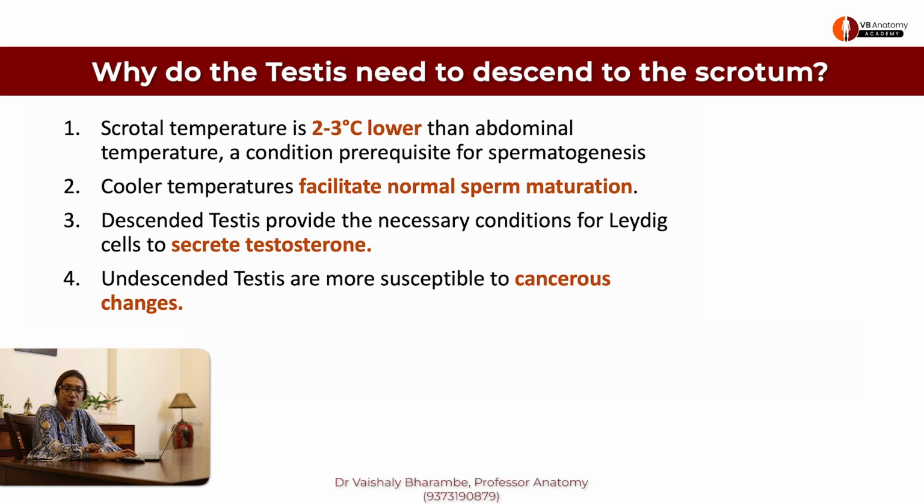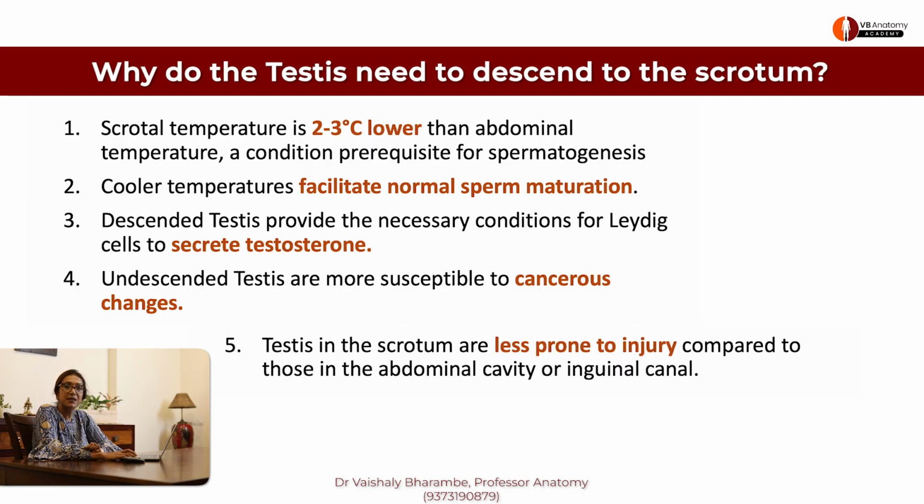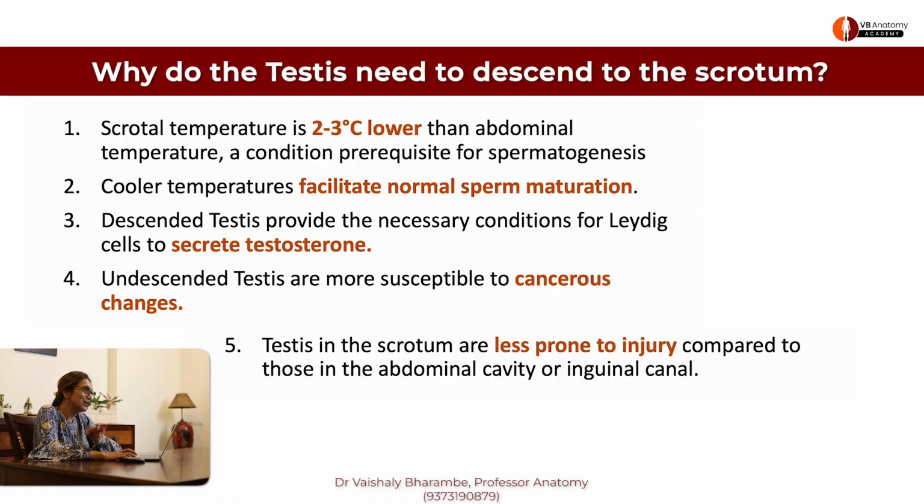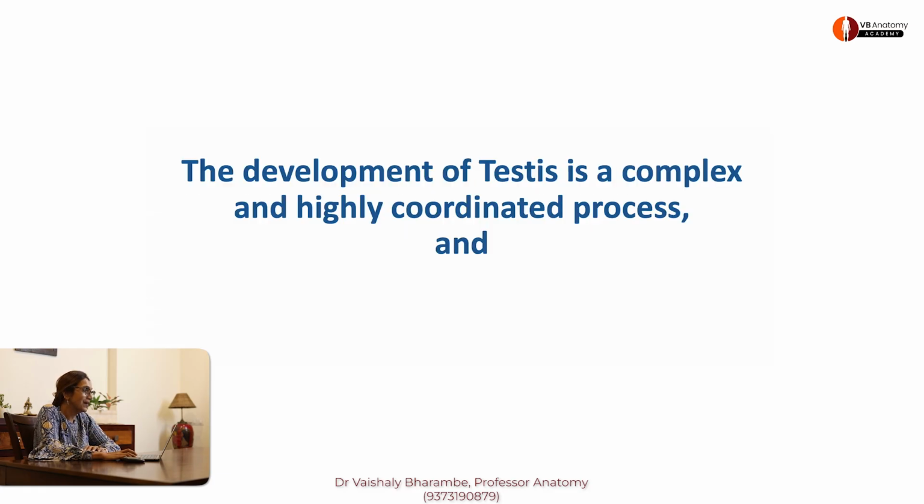Undescended testes are prone to cancer. It is said that testes lying in the scrotal cavity are less prone to injury. I have my own opinions on this, but so it is said. Right. So these are the requirements for why the testes need to descend.